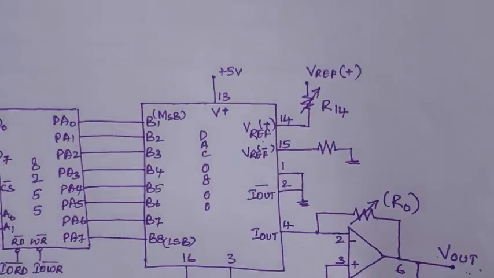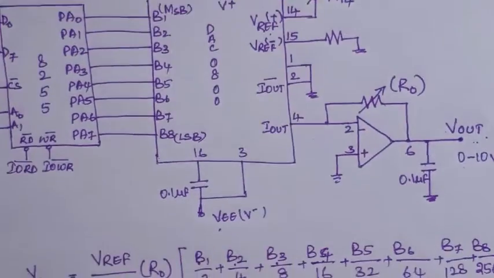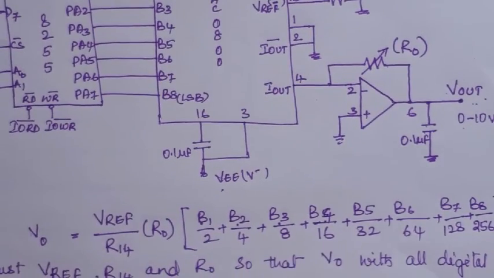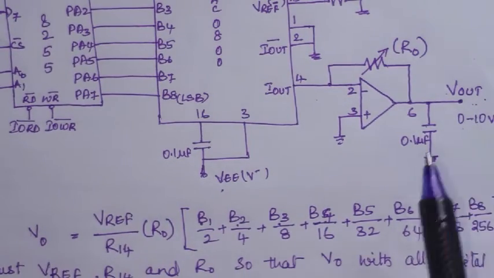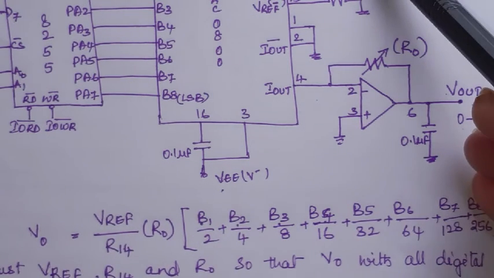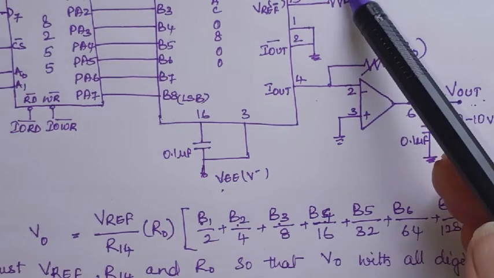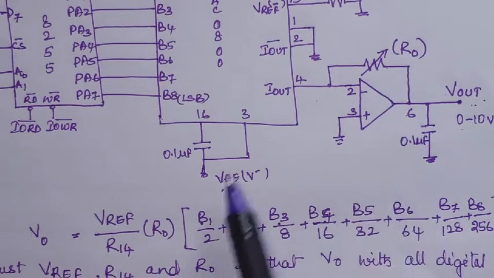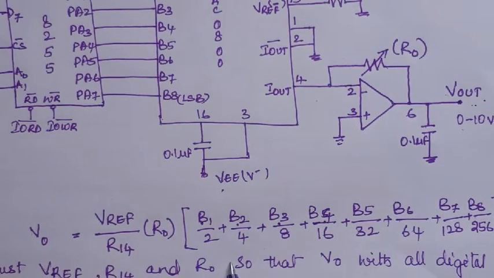The output voltage V naught we get here is equal to V reference by R14, the reference voltage which we give here by R14, into R naught into B1 by 2 plus B2 by 4 and so on. This is the formula by which the analog voltage output occurs.